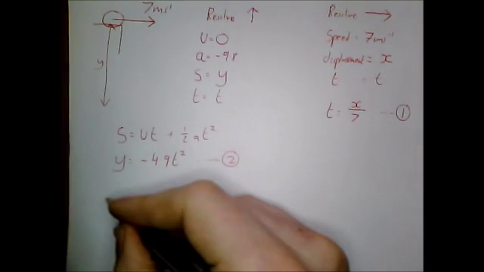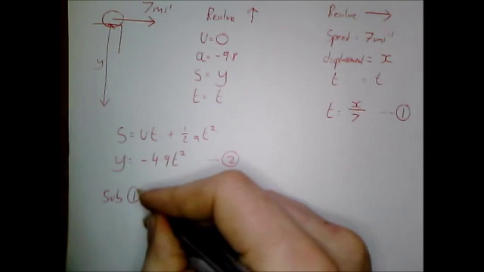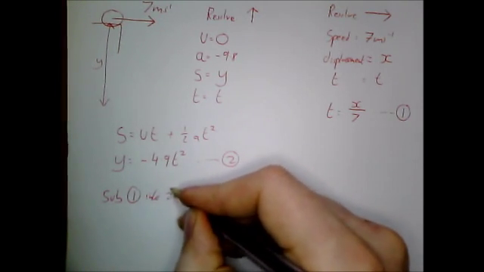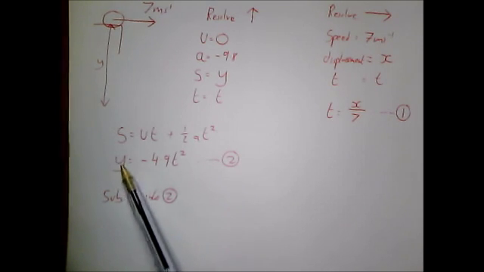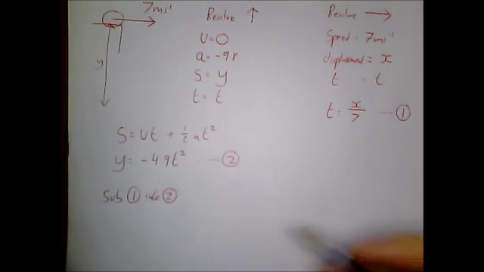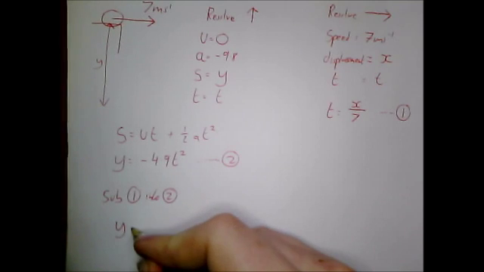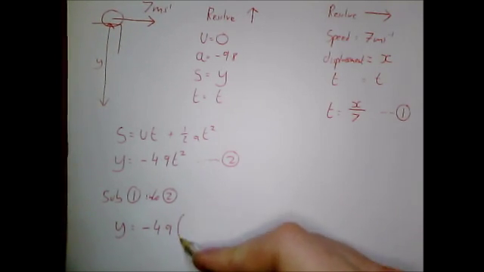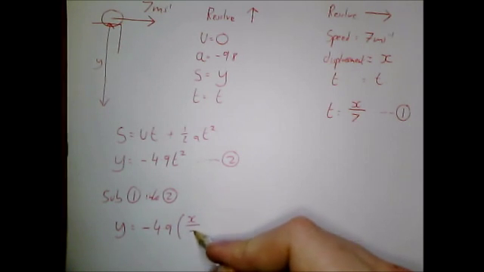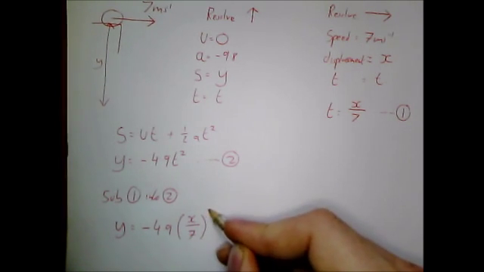All we're going to do is sub 1 into 2, and the t's will cancel out and we'll get an expression in terms of the y and the x displacement. So y equals negative 4.9 lots of x over 7 squared.